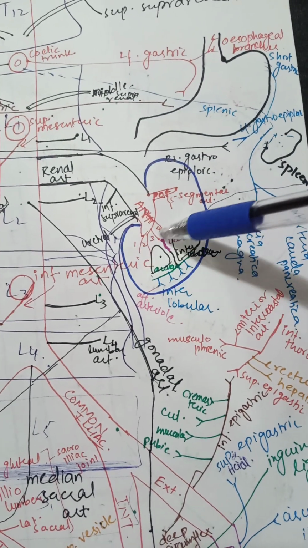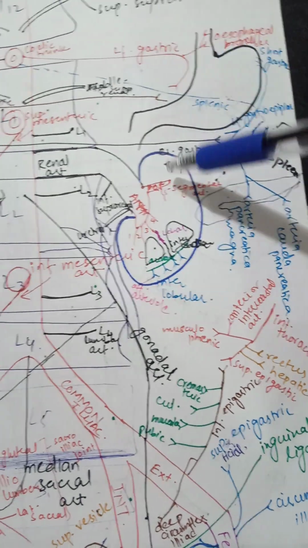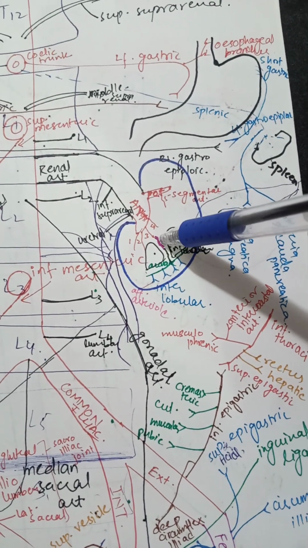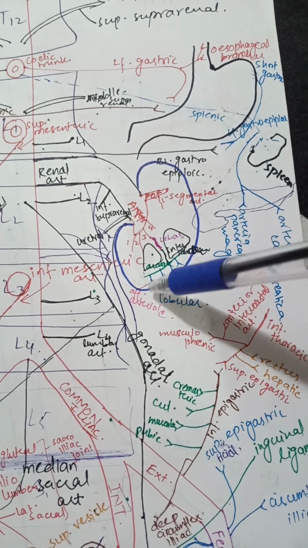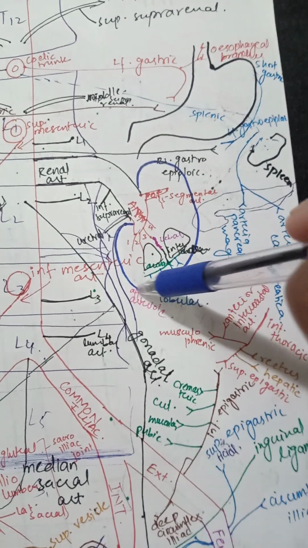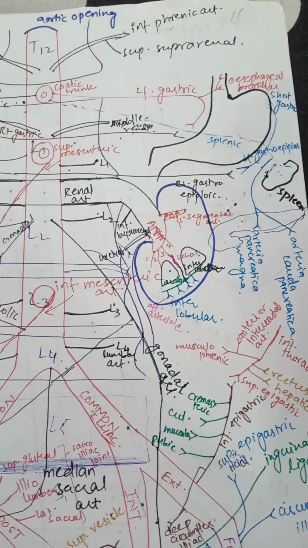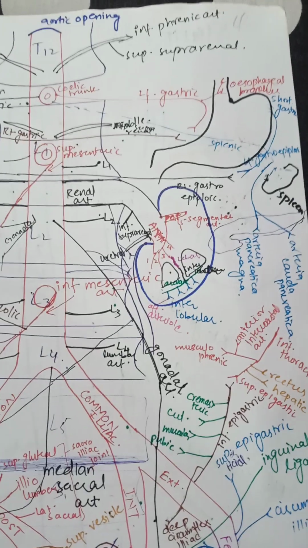Four segmental arteries arise from the anterior branch, and one segmental artery, the fifth one, arises from the posterior branch. Then it further divides into lobar, interlobar, arcuate, and then the interlobular and the efferent arterioles. The rest of that we will discuss in the venous drainage. Till efferent arteriole, it is the arterial supply.